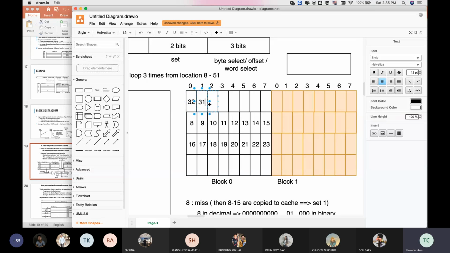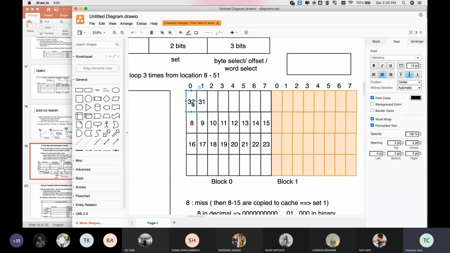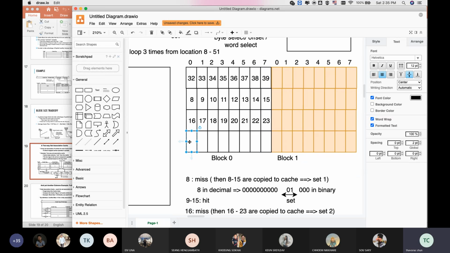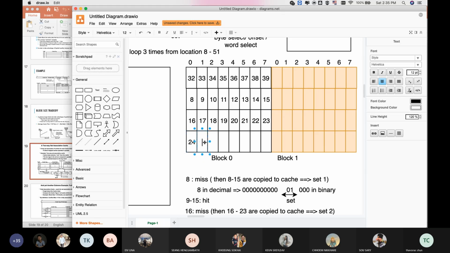And 32, 33, 34, 35, one should be 24, 25, 26, 27, 28, 29, 31.